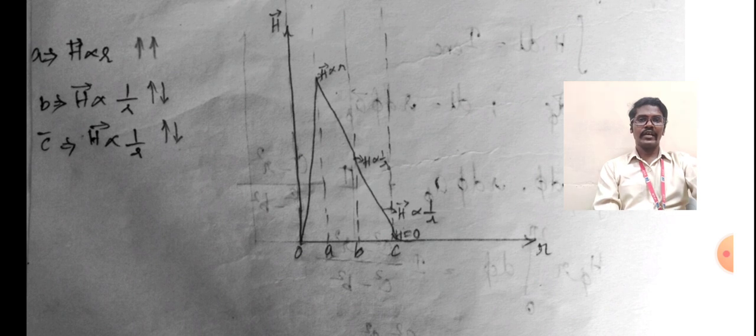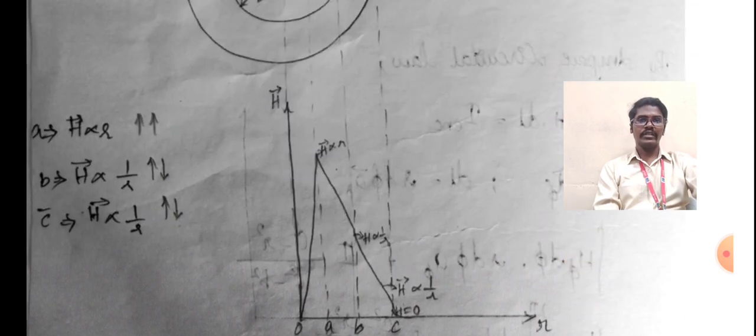In region b, H is inversely proportional to r, and therefore the H value starts reducing. In the third region H is inversely proportional to r, again the H value is getting reduced, and in the last region it becomes 0. That has been plotted.